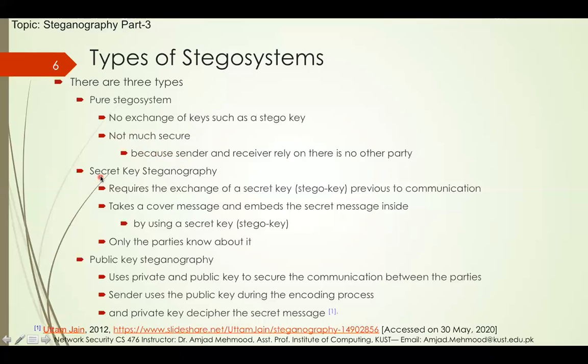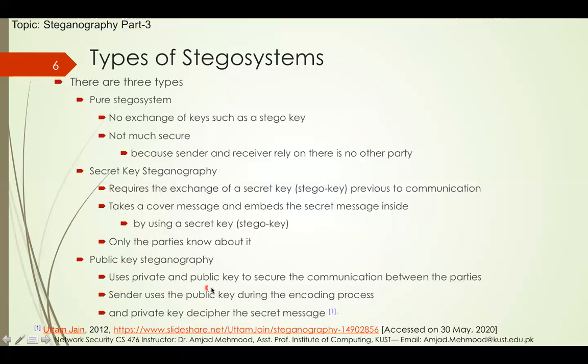Whereas secret key steganography requires exchange of a secret key or a stego key before starting your communication. It takes a cover message and embeds the secret message inside by using a secret key, the stego key. Only the private parties know about it. Like in cryptography, you send the key to your recipient, and then the recipient using that key gets the information.